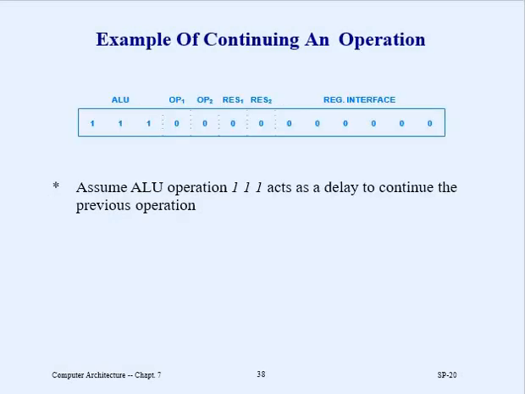And here is the example of continuing an operation. Look carefully that the ALU has the value 111, which I showed you a few minutes back. In the ALU's 3 bits, if the combination 111 comes, it means continue previous operation.